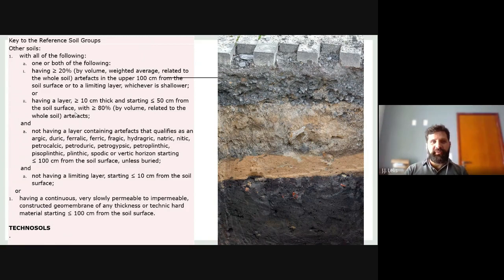So even if I find a layer that is not too thick, but has at least 80% of artifacts, so it's a very high volume. Even if it is not so thick, it's a technosol. Okay.